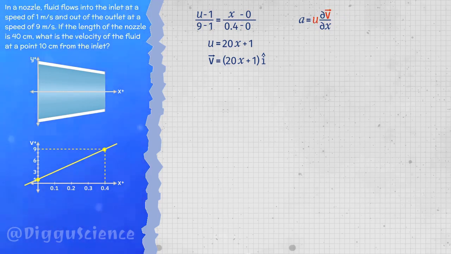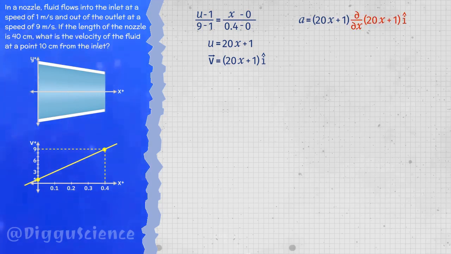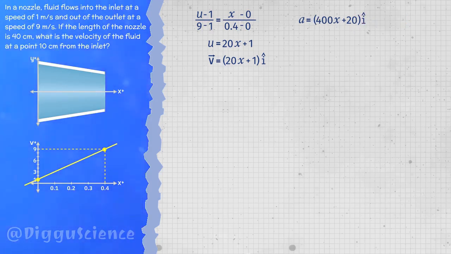The velocity components u and vector v have been known. I think we have understood the concept of derivatives correctly. The partial derivative of 20x plus 1 with respect to x is 20. The acceleration vector is (400x plus 20) i hat.